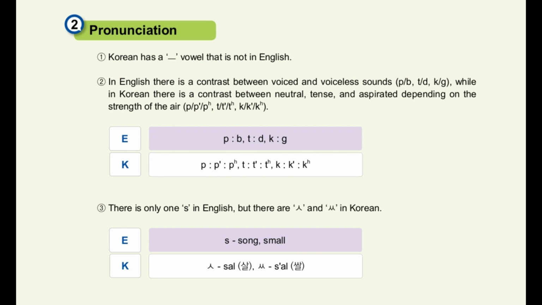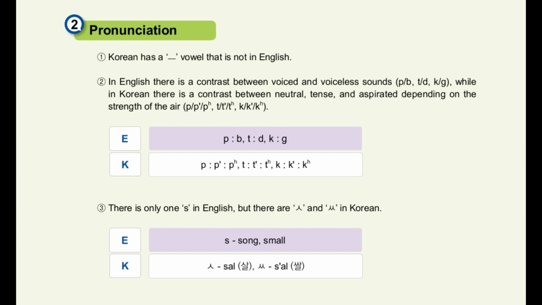Another difference between English and Korean sounds are the consonant sounds. Number 2. You know, in English, a word can start with either the letter P or B, and the sounds are different, as in pill and bill.